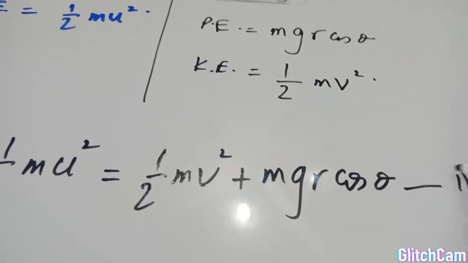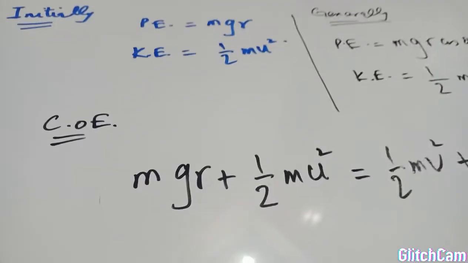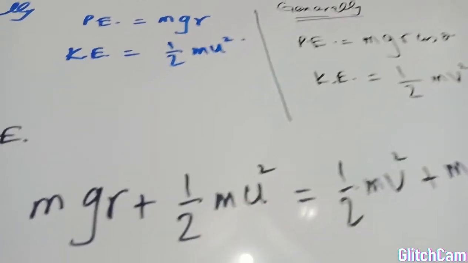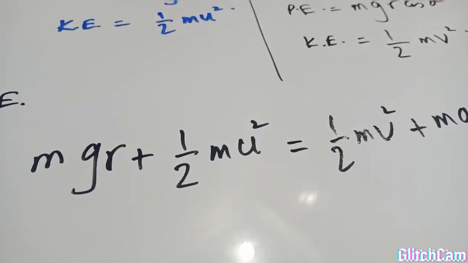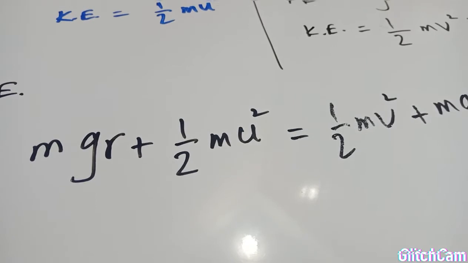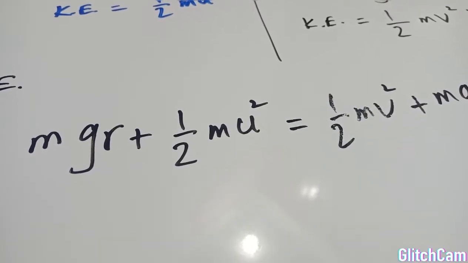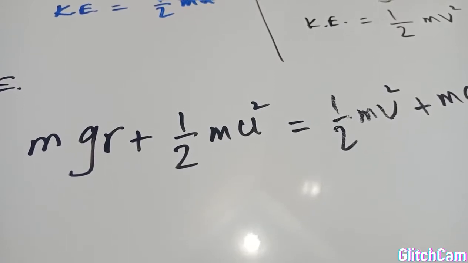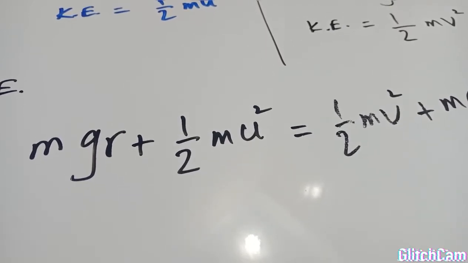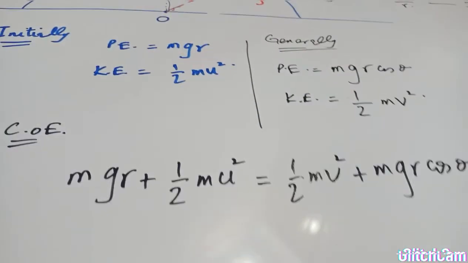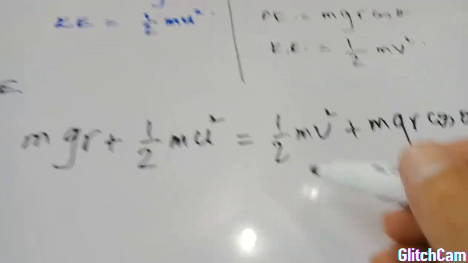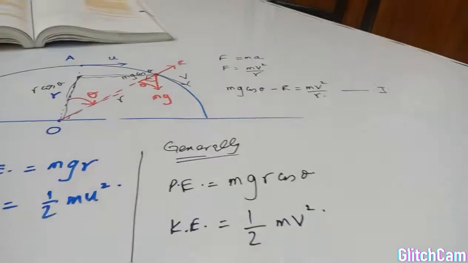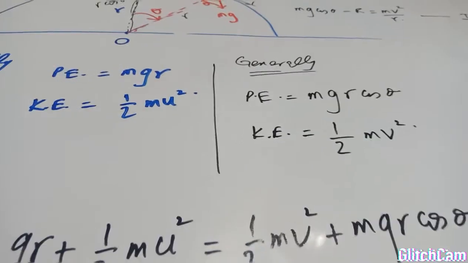So we have to algebraically manipulate these two equations to get a relationship between this theta and the velocity. We want to see how much this would be rotated when we release it from rest, or what can be the maximum speed with which we can release this object from the point A. So I will take out this mv square over r from here and put that into the first relation.